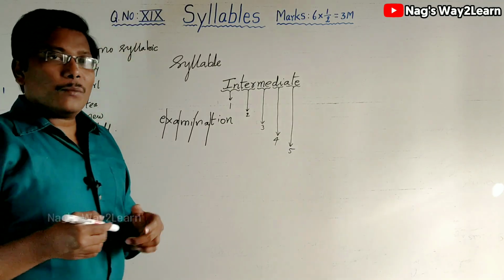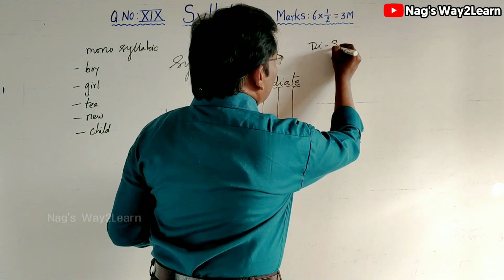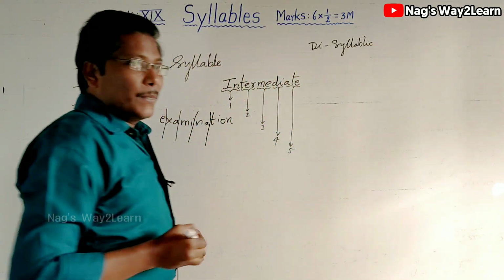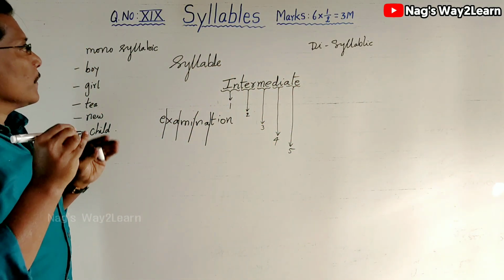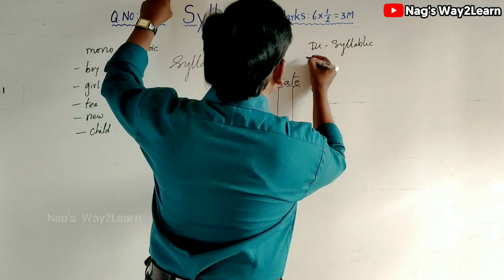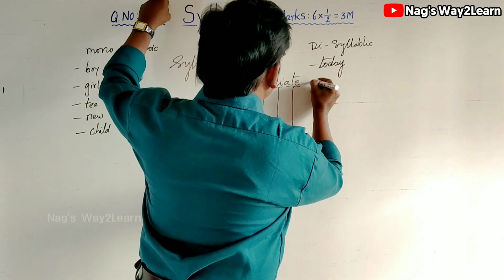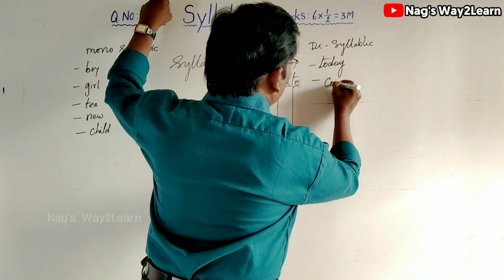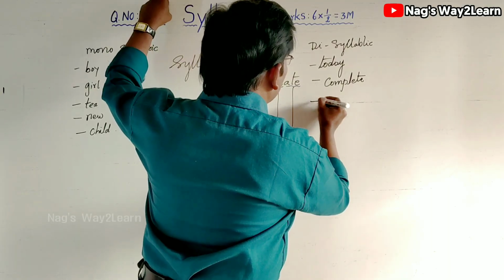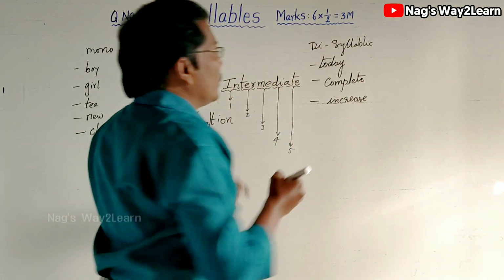If there are 2 syllables in a word, that is called a disyllabic word. If there are 2 syllables in a word, those words are called disyllabic words. For example, today, complete, increase.